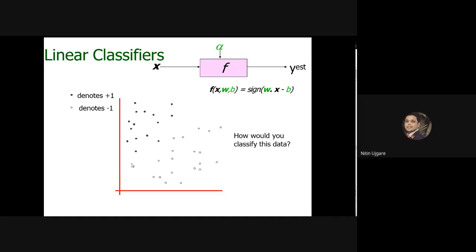So we get the decision boundary, right? So how would we classify this data? We can have a simple perceptron that separates these points into two classes. So this class will be positive and this will be negative.